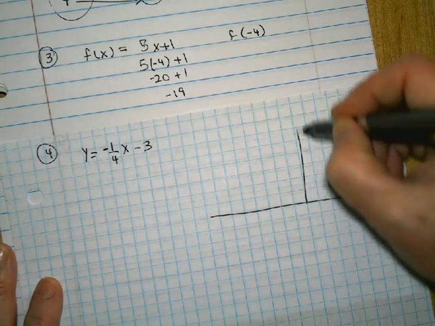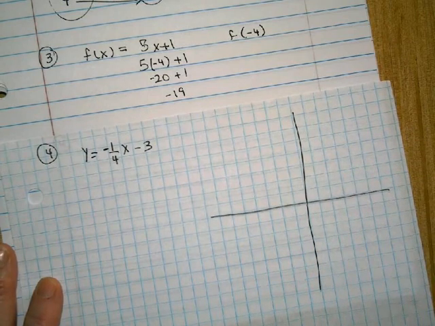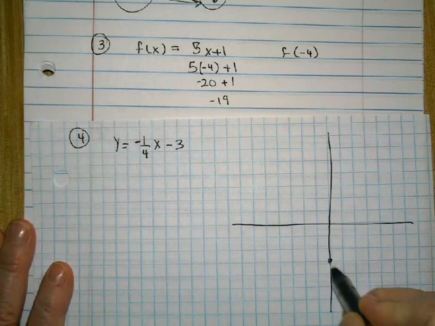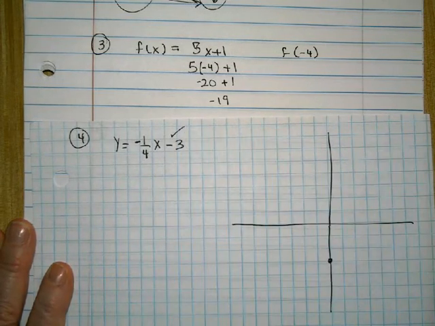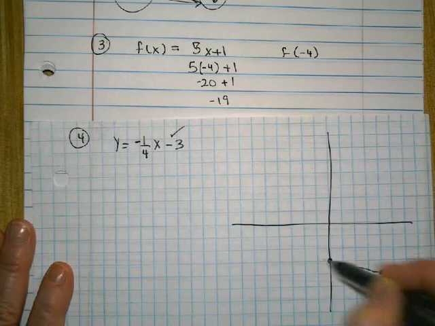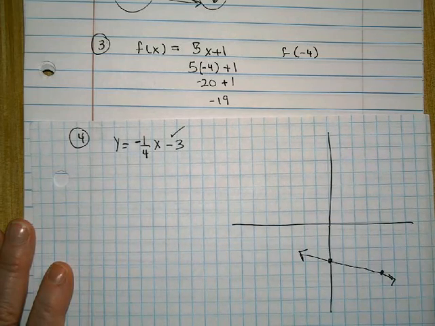Where do you start here to graph this equation? Okay. Took care of my y-intercept. From there, what do you do? Go down 1 and over to the right. Okay. And there's my graph. Questions on number 4?